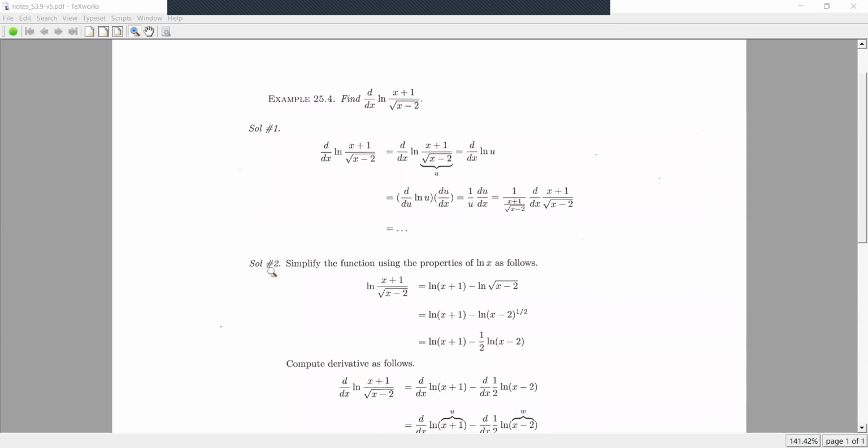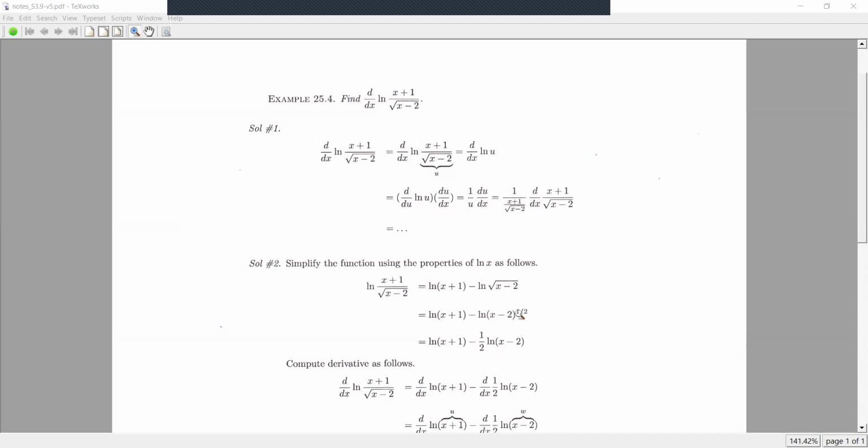By the properties of a log function, the natural log of a quotient is the natural log of the top minus the natural log of the bottom. The bottom is a power. The natural log of a power is the power times the natural log.